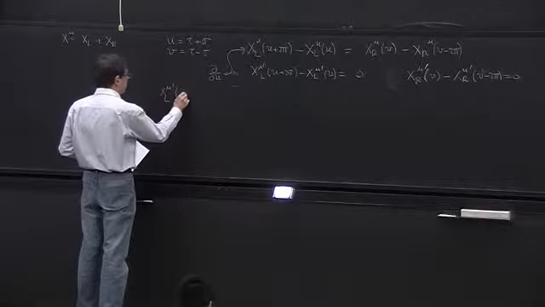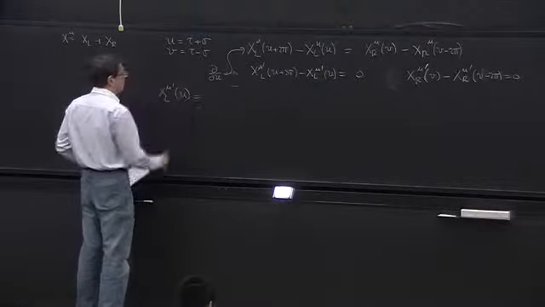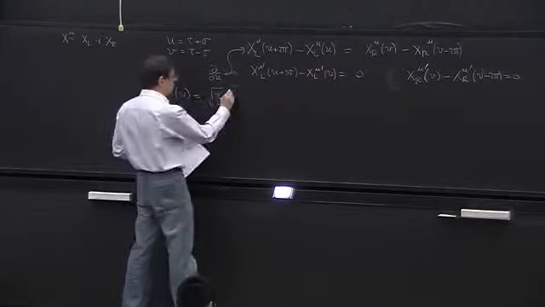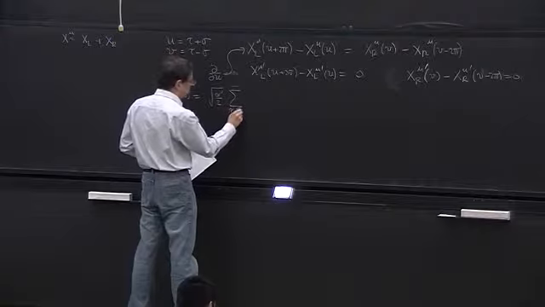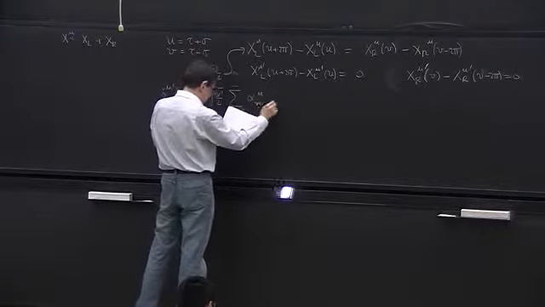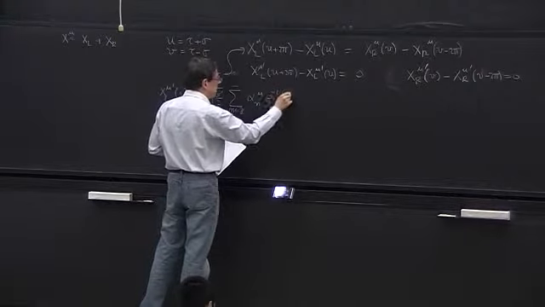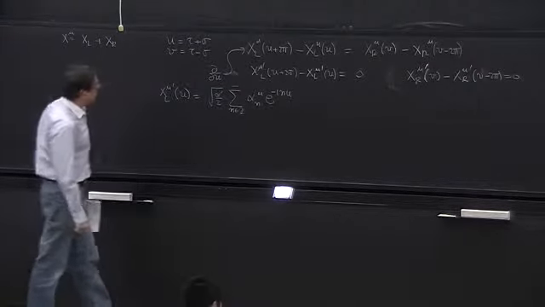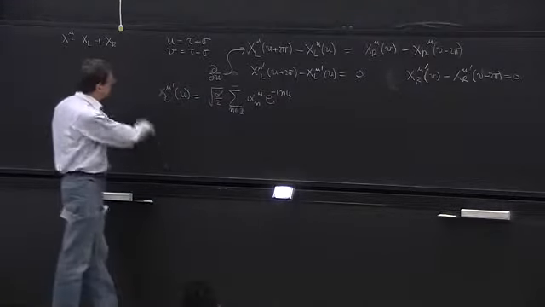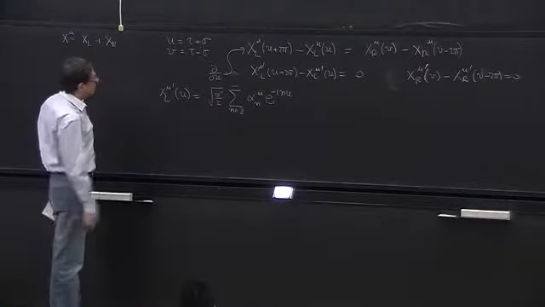X left mu prime of u, we're going to write it as square root of alpha prime over 2, sum over all integers, alpha n mu e to the minus i n u. This is periodic in u.